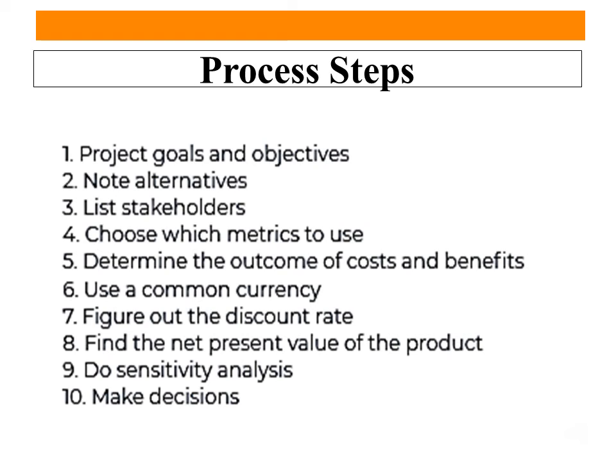So there are different metrics for measuring different software, and here we should know what type of metric we are using for our software. Is that clear? Next is determine the outcome of costs and benefits, use a common currency, figure out the discount rate and find the net present value of the product.